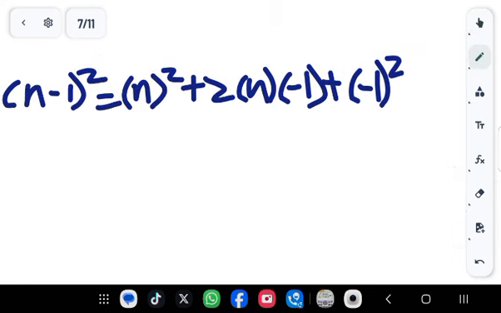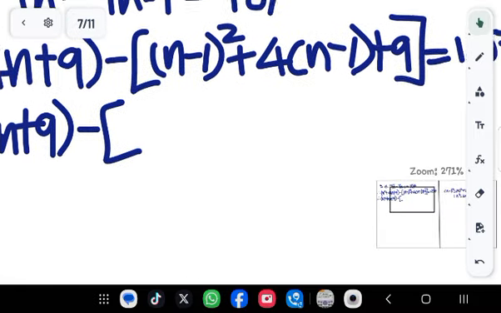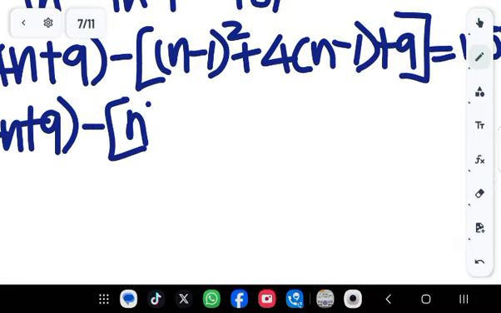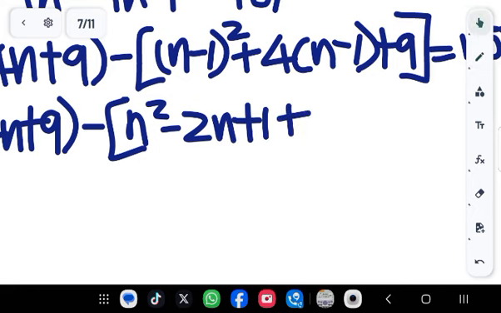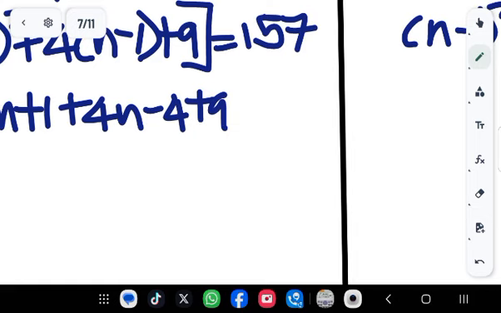And that gives us n squared minus 2n plus 1. And that's how you expand that. So let's substitute that here. n squared minus 2n plus 1, and that becomes 4n minus 4 plus 9, and that is equal to 157.